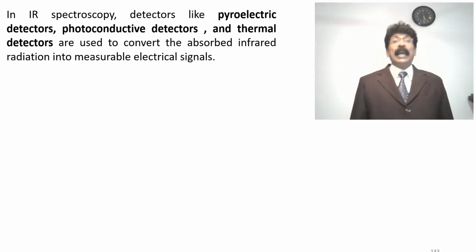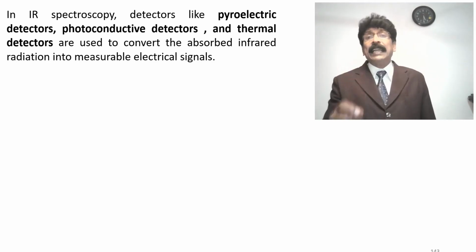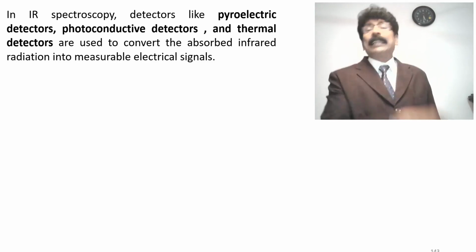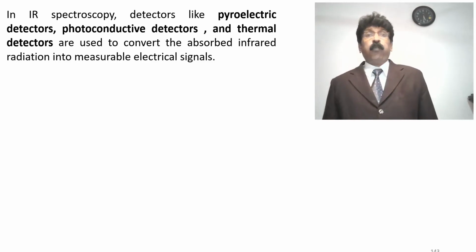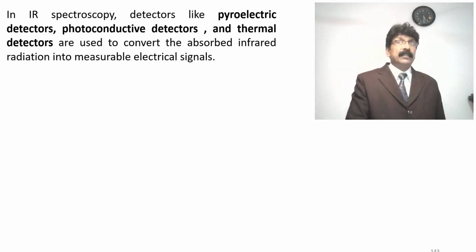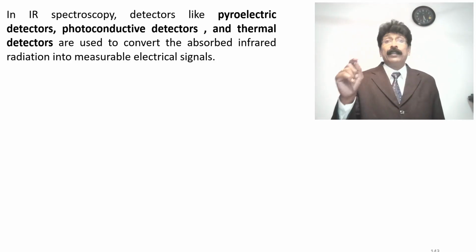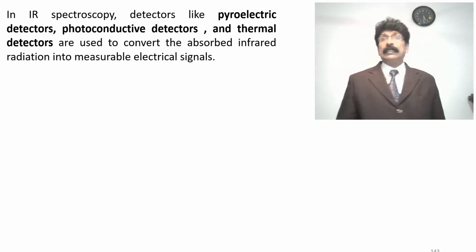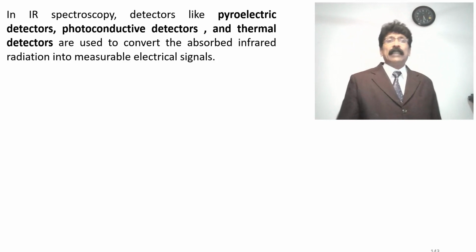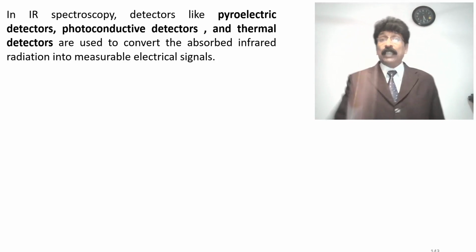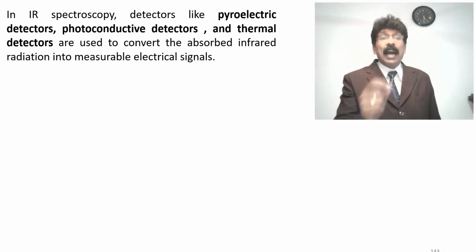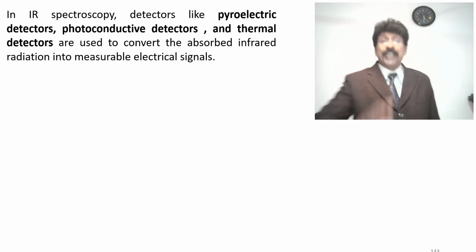In IR spectroscopy, detectors like pyroelectric detectors, photoconductive detectors and thermal detectors are used to convert the absorbed IR radiation into a measurable electrical signal.